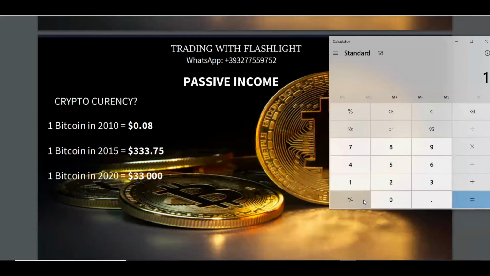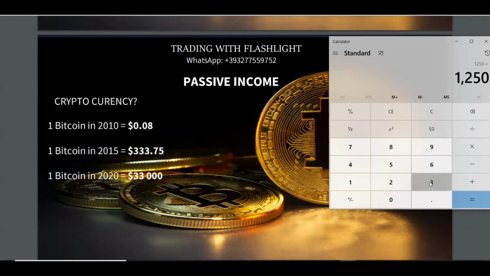Imagine those who just put in $10 and those who just put in $50, because at that time a lot of people were not spending money online. So it was something new. Somebody that just put $100, let's take it easy. Somebody that just put $100 in 2010 is supposed to have earned 1,250 Bitcoins.